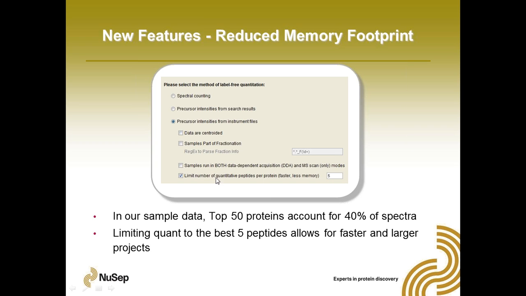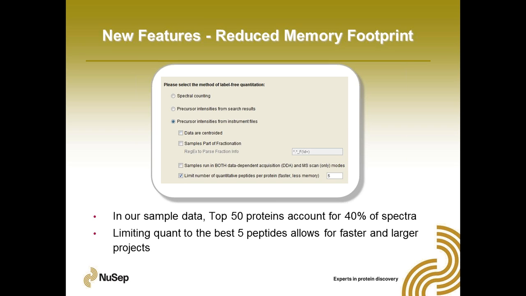So we've added a new setting in the new Project Wizard that allows you to specify the maximum number of quantifiable peptides per protein. I recommend entering a setting of 5. If you've entered a setting of 5, this will mean that ProteoIQ is going to go through every single protein, rank the peptides in order of intensity, and quantify the 5 most intense peptides for each protein.